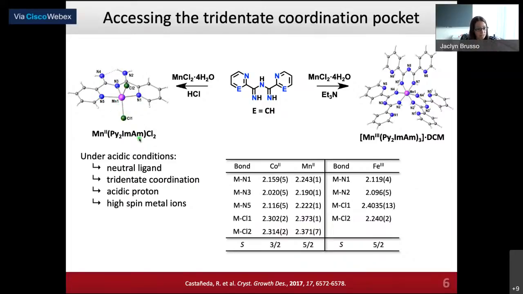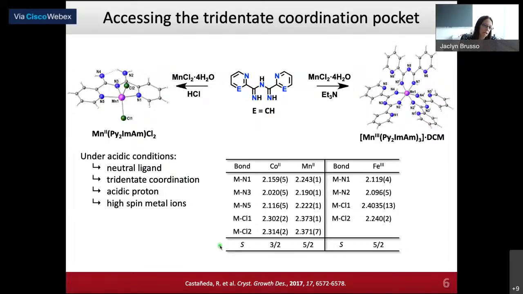And so under acidic conditions, and again, we use some first row transition metals, the oxidation state and coordination environment about the metal center stems from the metal salt that's used initially in the reaction. And so under acidic conditions, we have these neutral ligands with tridentate coordination based on the magnetic analysis.